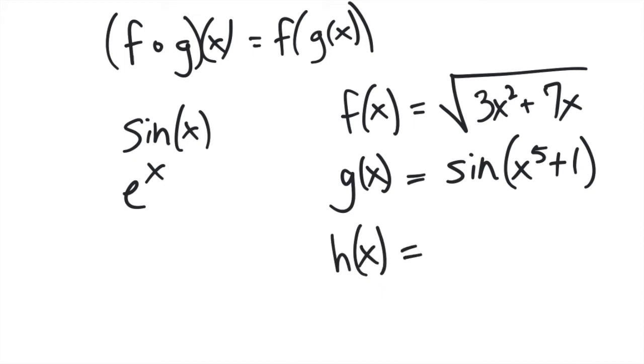What we don't know how to deal with yet is e to the 7x squared plus 3. All of these have a function inside of a function. What I would recommend is getting really comfortable with recognizing: do I have a function inside of another function? And if I do, what is the outside function and what is the inside function? Let's look at this first one on the next page.